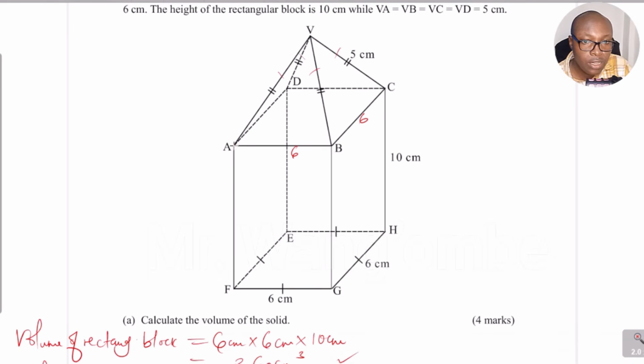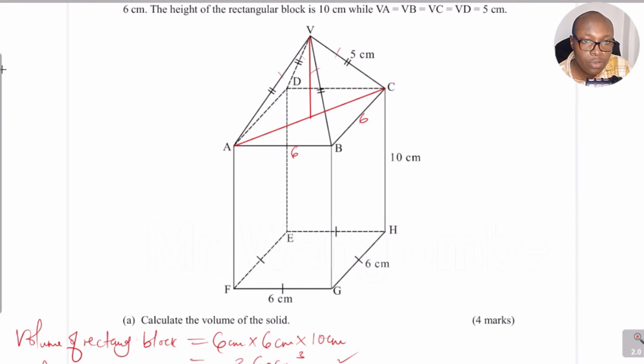To calculate the height, let me indicate the height. We have to draw the line A to C. And then the height will be from the vertex V straight down to the middle of that rectangle ABCD, or to the midpoint of line AC.